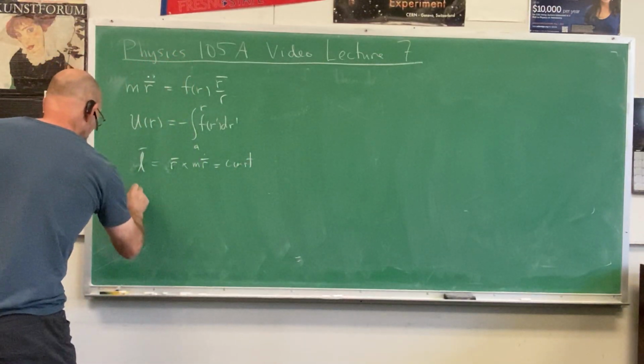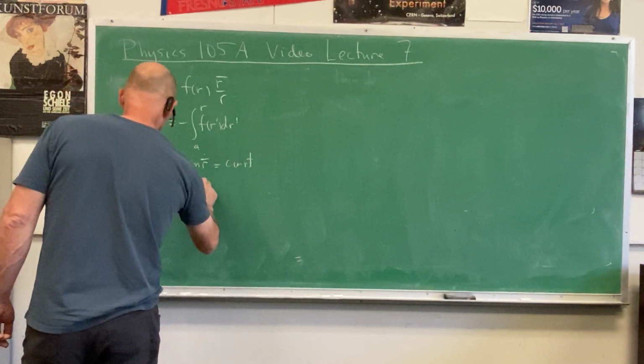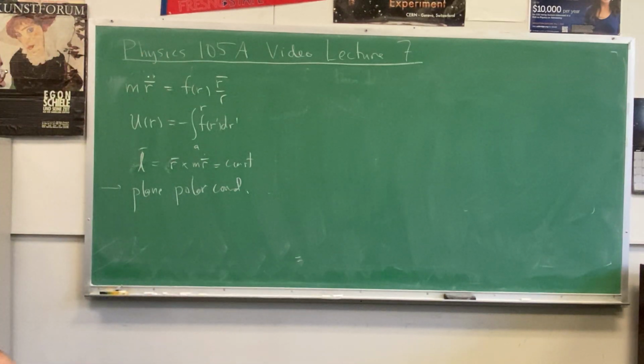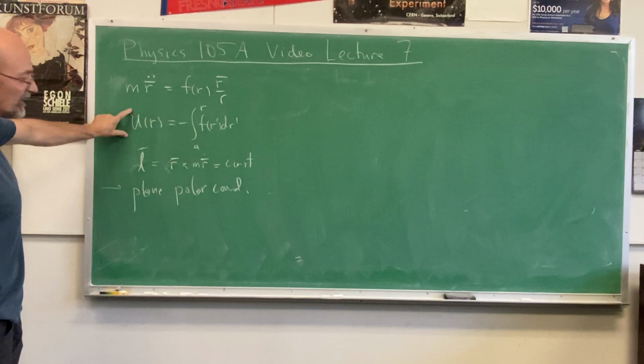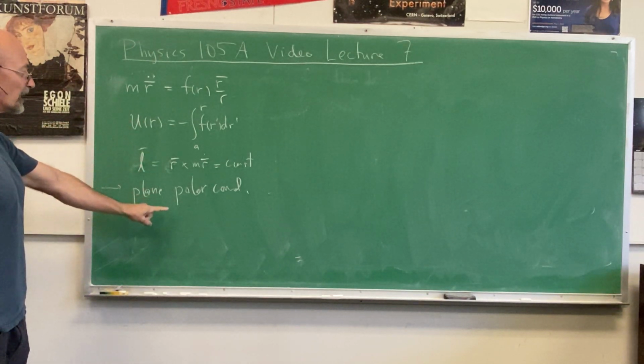Therefore, we knew we could use the plane polar coordinates, and we were then able to express the conserved energy that you have when you have a potential energy and the conserved angular momentum in terms of the plane polar coordinates.